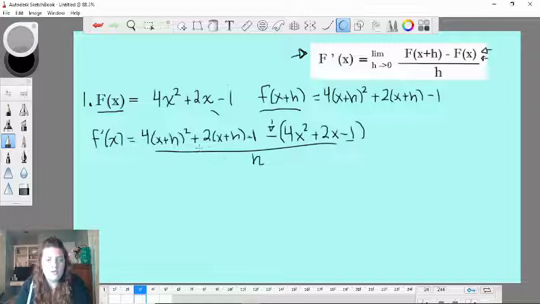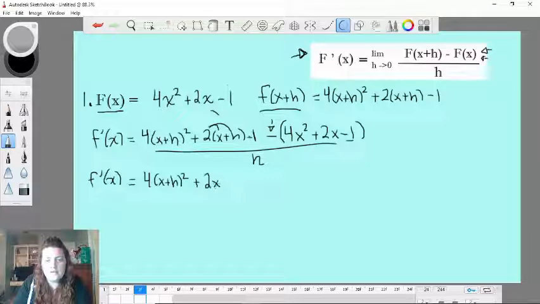Okay. So what I'm going to do first is kind of simplify things. So we have 4 times x plus h squared plus, we can go ahead and distribute this 2 in. So let's go ahead and do that. So 2 times x is 2x, 2 times h is plus 2h minus 1.